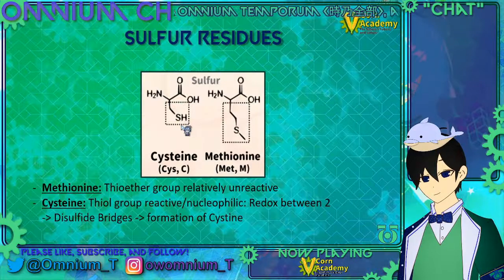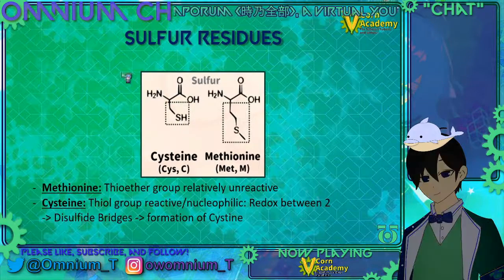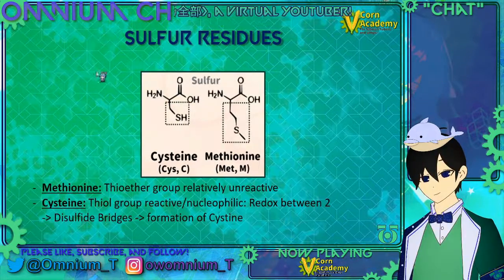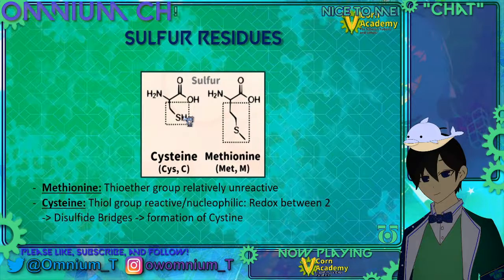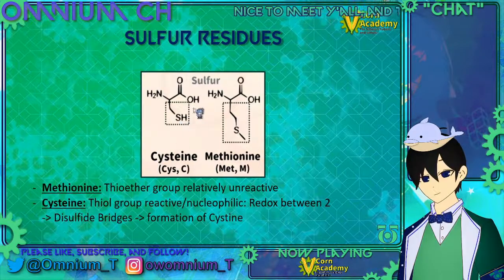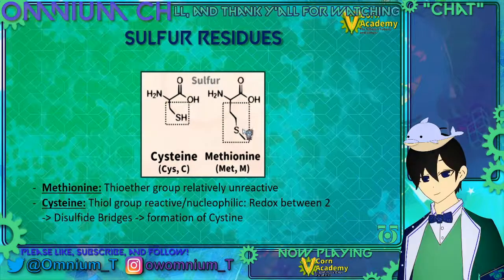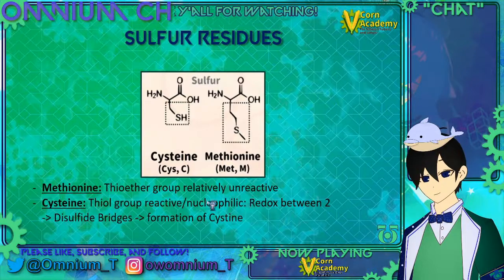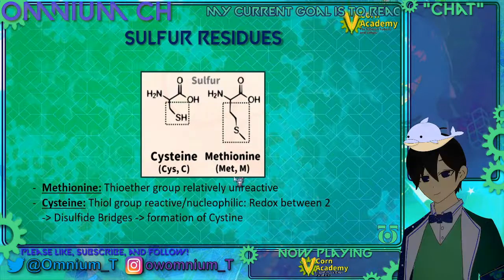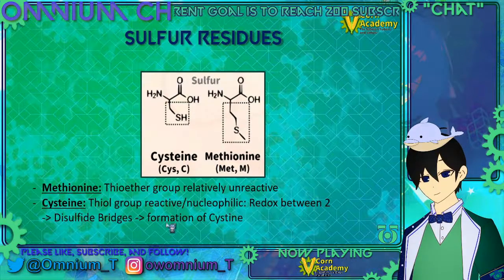If you look at the periodic table, you have oxygen and then sulfur. Sulfur is in the same group as oxygen, so it acts like a hydroxyl group. The thioether is sort of unreactive. Also, methionine is the beginning of any translation, the start codon, if you remember that from your basic bio class.